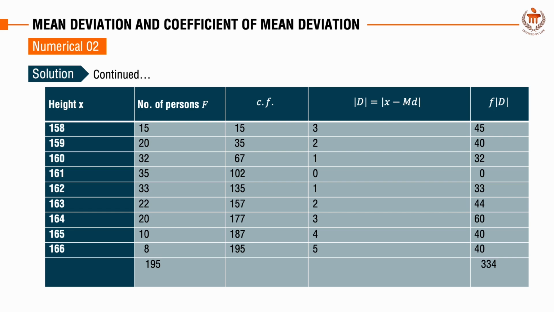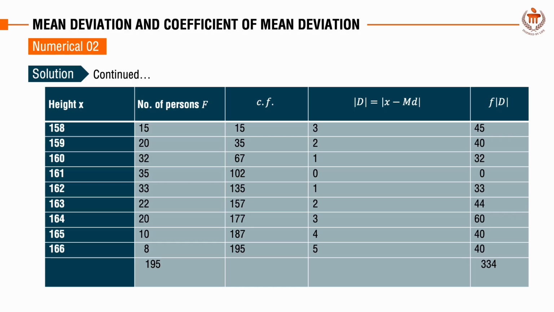We need to see the next value bigger than 97.5, and that value is 102, and the x value for that is 161. So the median here would be 161.